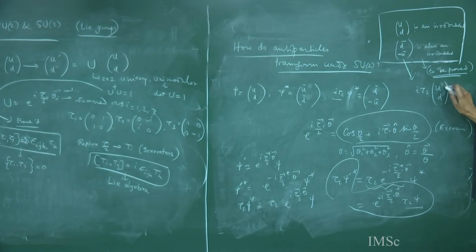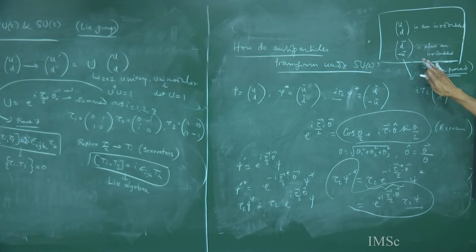Here we are writing simply minus bar. So, take them, flip them, but then you have to multiply by i tau 2, and what is i tau 2? i tau 2 gives you this relative minus sign. It flips like this and then gives a minus sign.